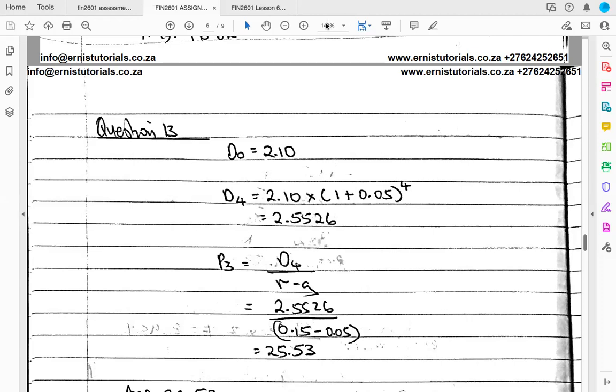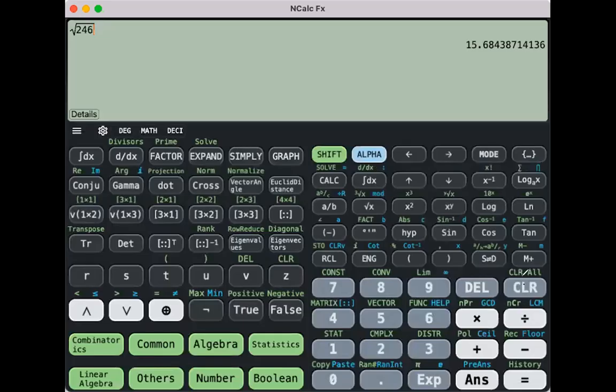Okay, let me just put the calculator up here. I hope you can see the calculator. Of course, we always have to make sure that we've cleared our calculator, right?